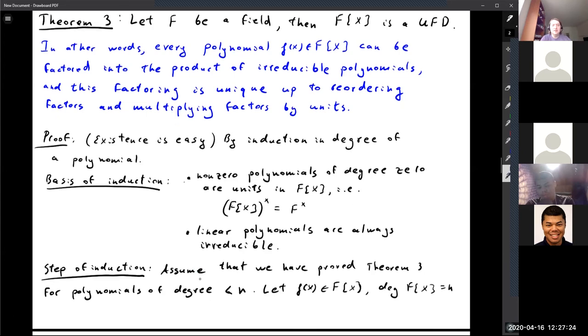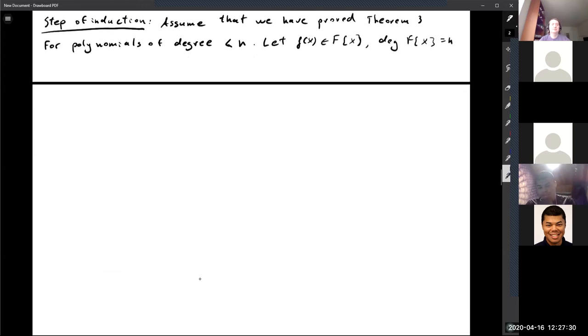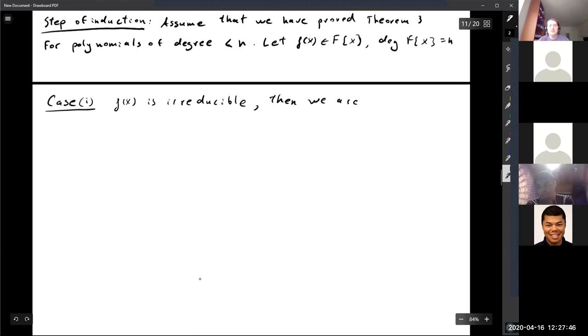Now, there are essentially two cases, right? Case one, f of x is irreducible. Well, then we are done, right? Because we already factored it as a product of one irreducible polynomial.